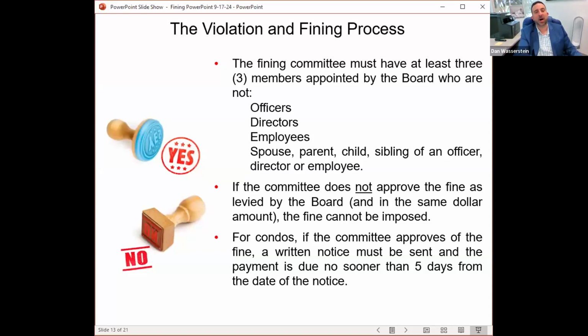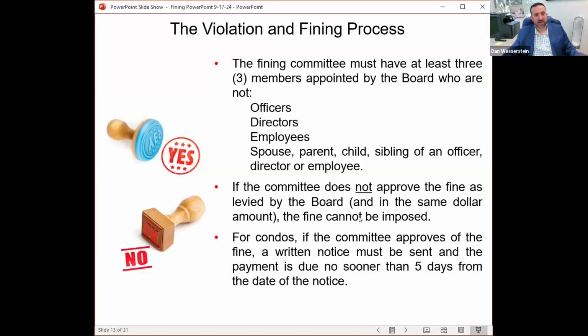So that's why we want the fining committee to be some other independent owners that are not affiliated in these ways with the board members or the officers. And that makes sense because, again, otherwise it would kind of make this two-part process really not valid.